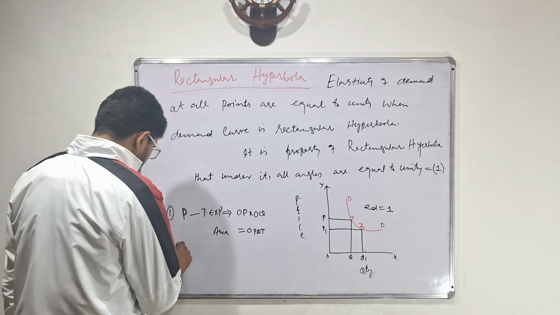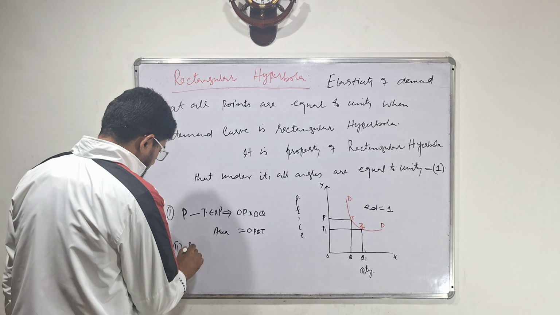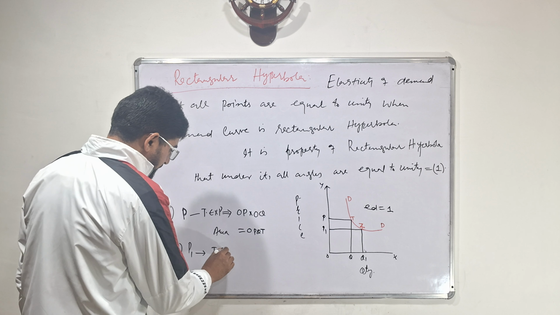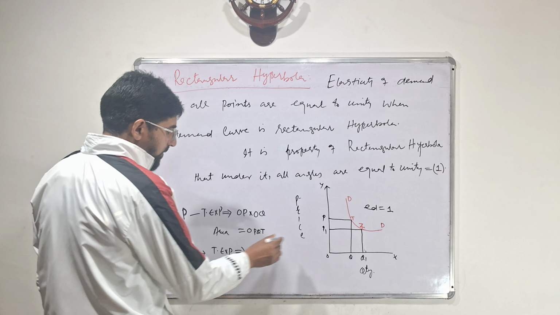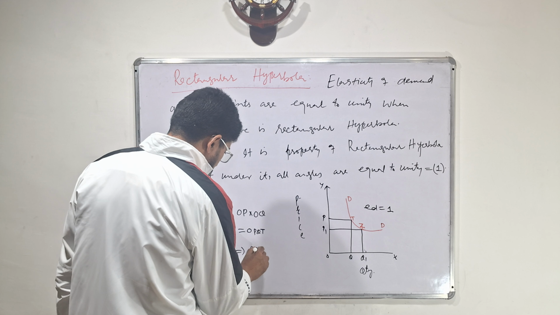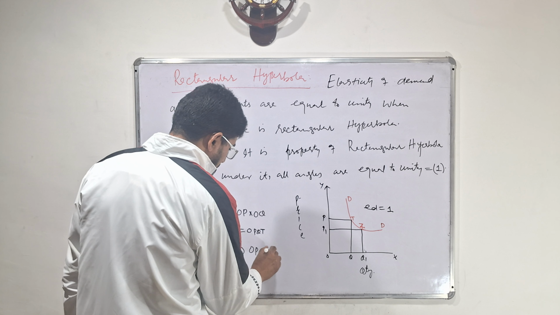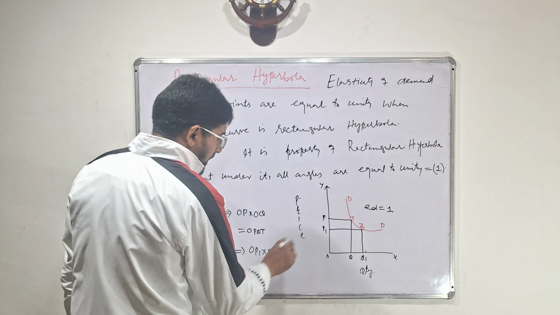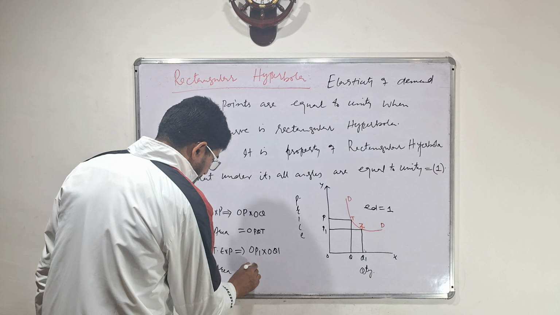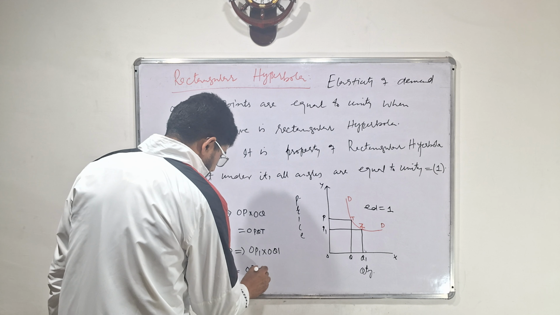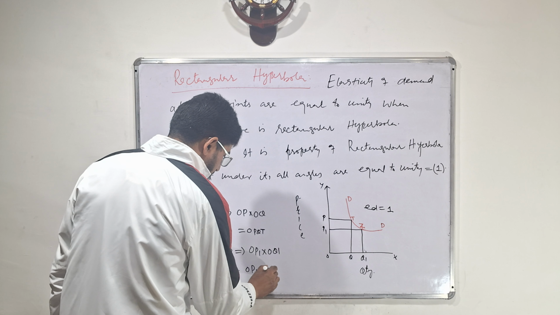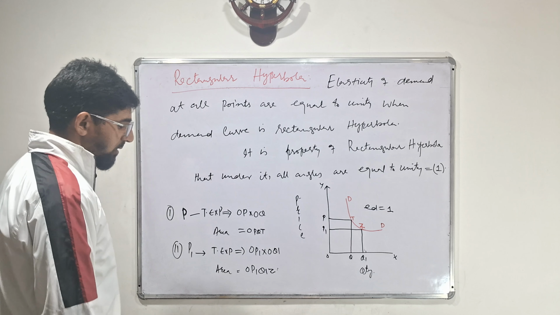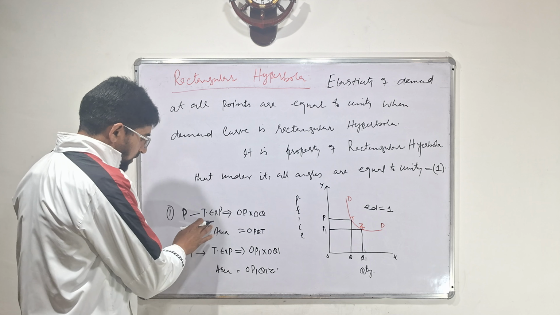Now in the second case, the price is P1. What will be the total expenditure? Total expenditure will be OP1 multiplied by OQ1, and the area will be OP1Q1Z. What does this show us?